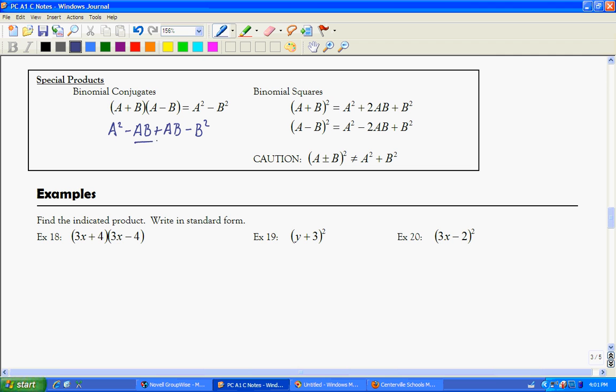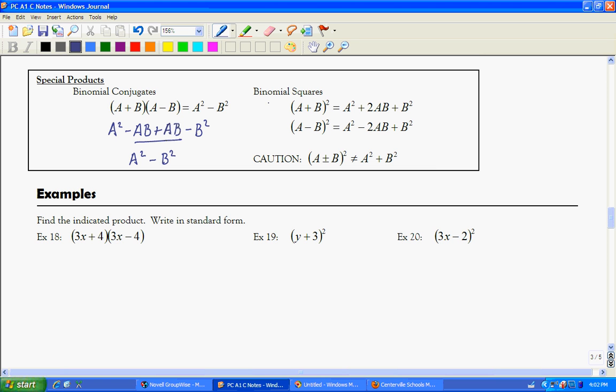But you'll see that the two terms in the middle cancel each other out, a negative ab and a positive ab. So that just simplifies to a squared minus b squared. So this is just a shortcut. If you see a binomial times its conjugate, you can take the shortcut in as a squared minus b squared.